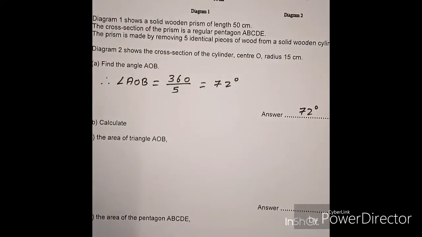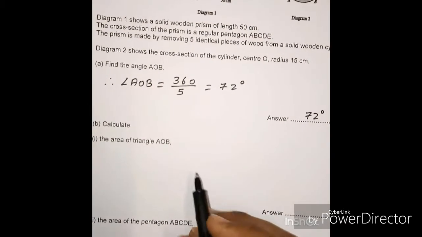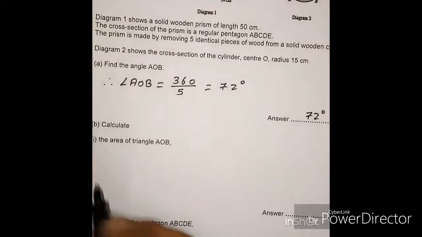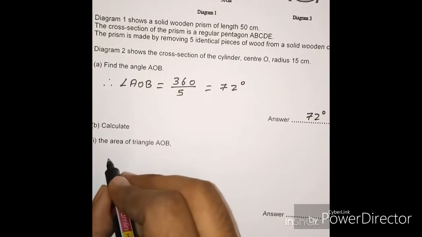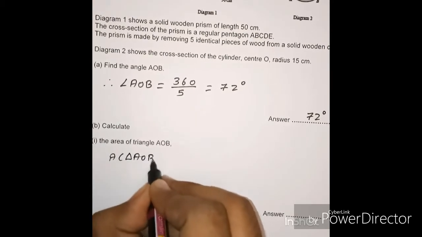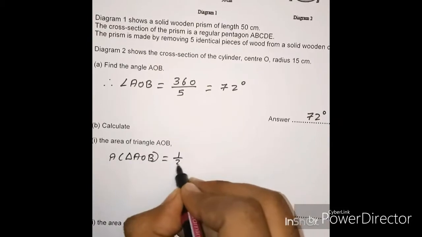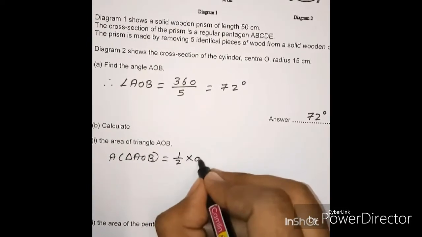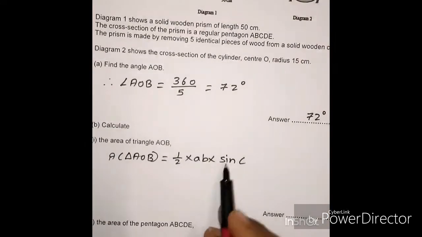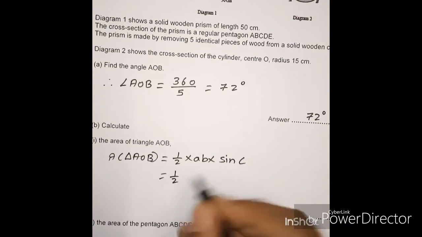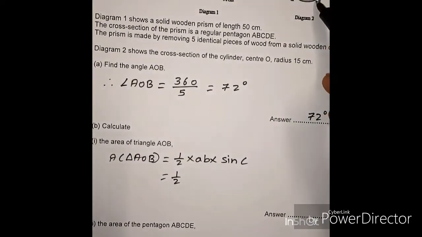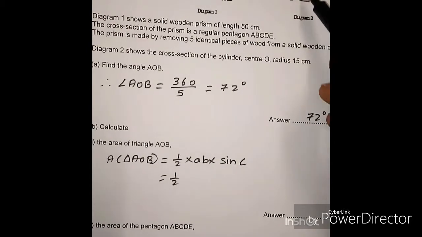Now we need to find the area of triangle AOB. As we know that when an angle and sides are given to you, to find the area of the triangle we have the formula: area of triangle AOB is equal to half into AB into sine C. Over here, these are identical pieces, that means OA is equal to OB, so it's forming an isosceles triangle.